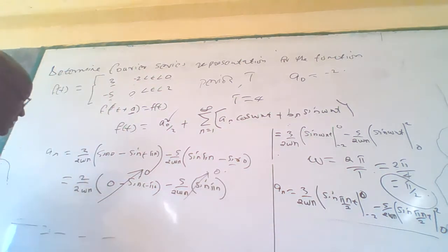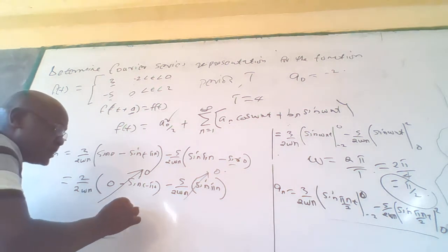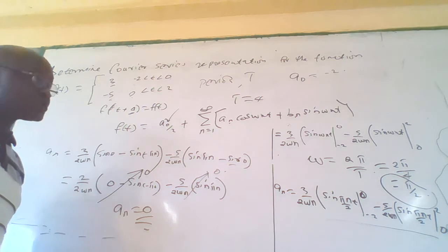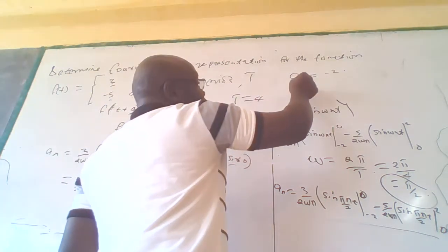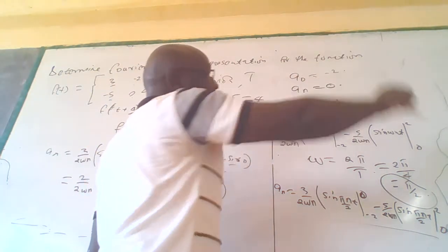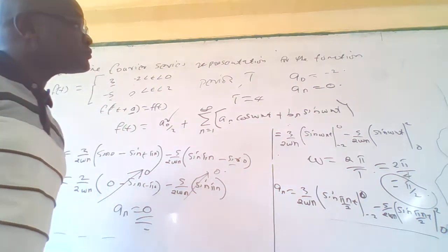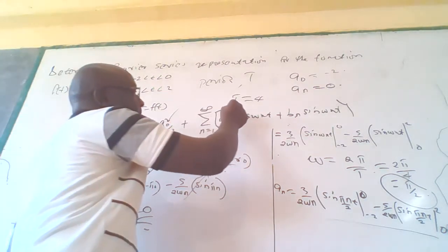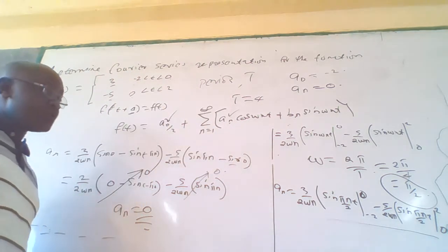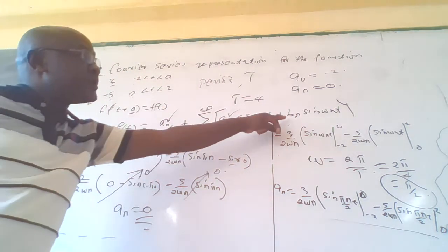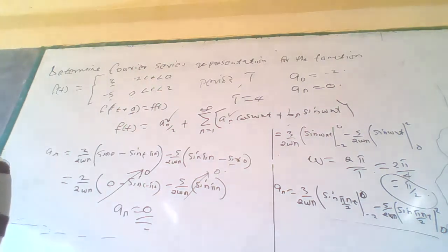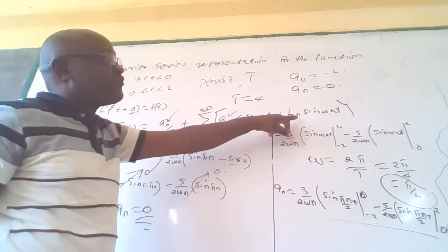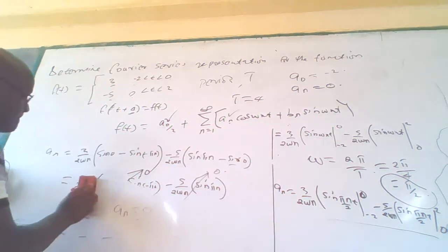Therefore, what we are saying is that our a_n equals 0. So we now remain with b_n. I can wrap this one up so that we can try to find the value of b_n.